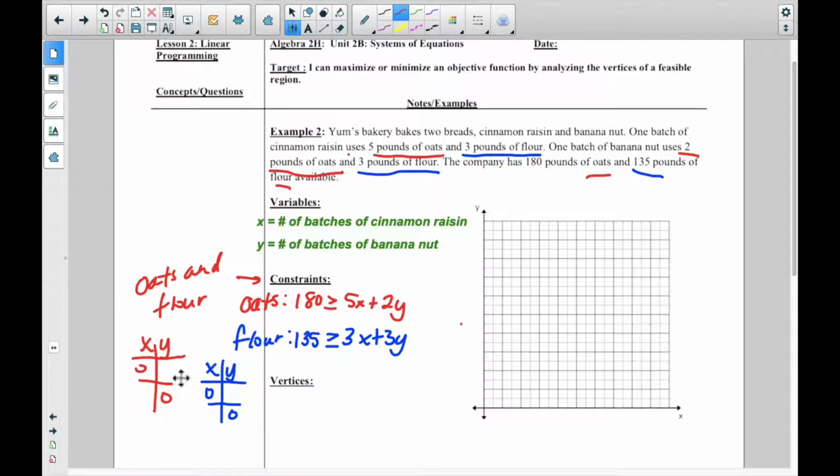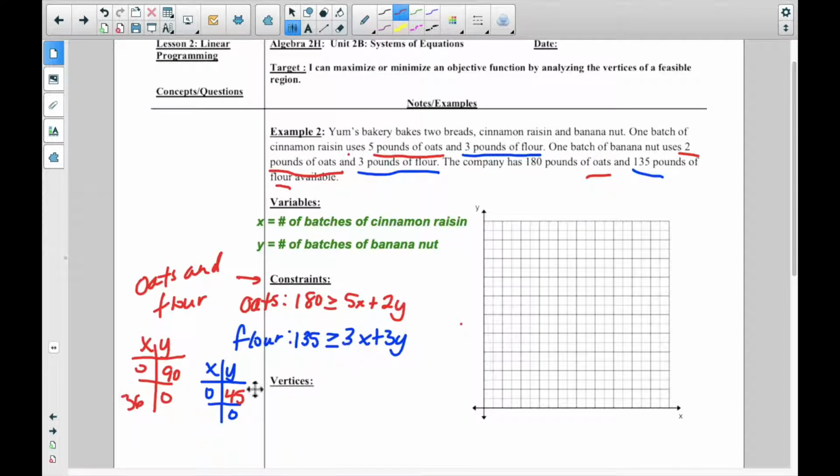So I can do that method, and if I plug in a 0 for x, then I take 180 divided by 2, that's 90. If I cover up the y, I get 180 divided by 5, and that's 36. If I cover up the x on this one, then I get 135 divided by 3, and 135 divided by 3 is 45.